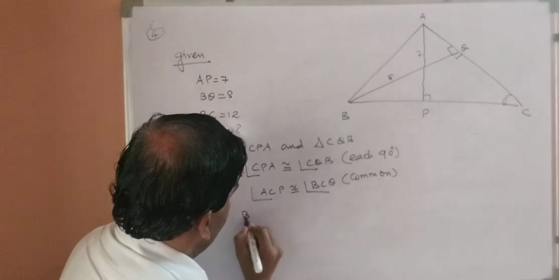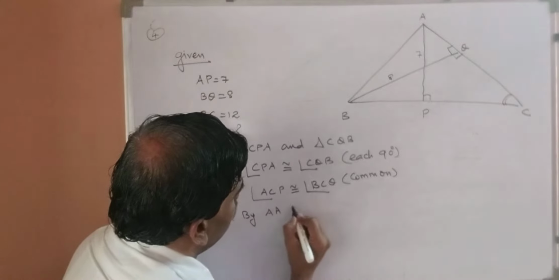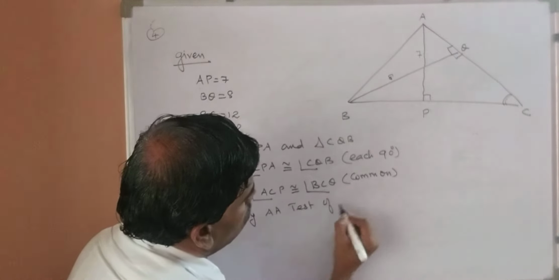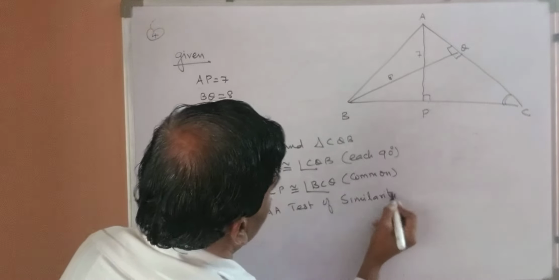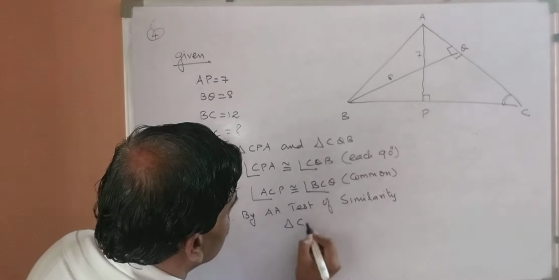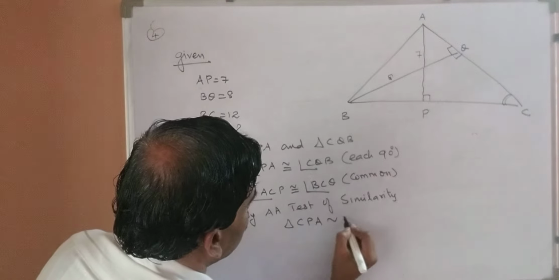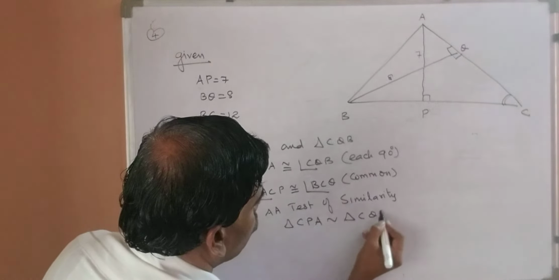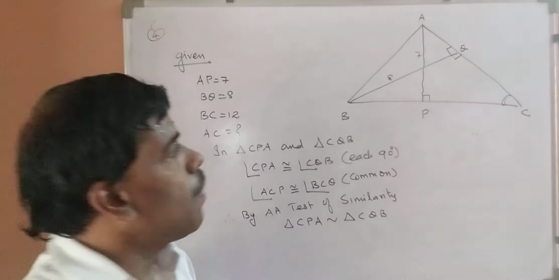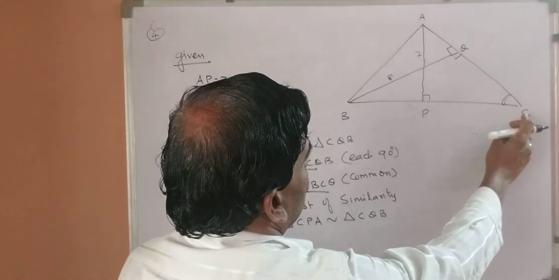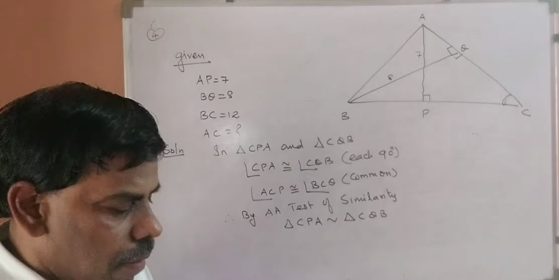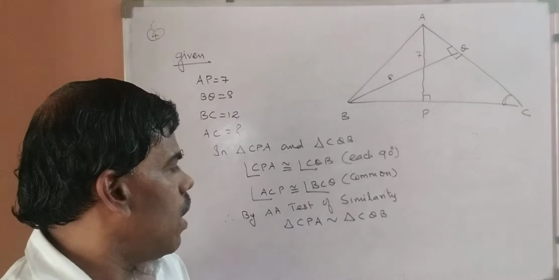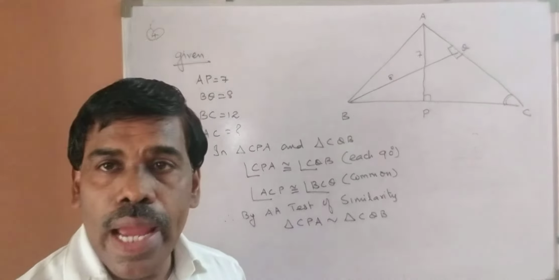Therefore, by AA test of similarity, triangle CPA is similar to triangle CQB. So we proved CPA and CQB are similar. Once it is similar, what can we write?